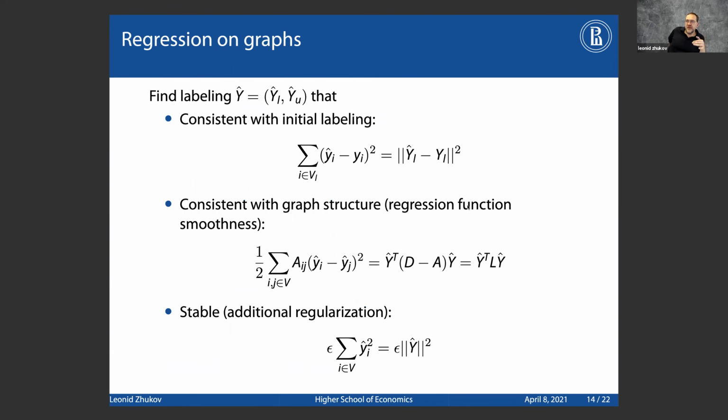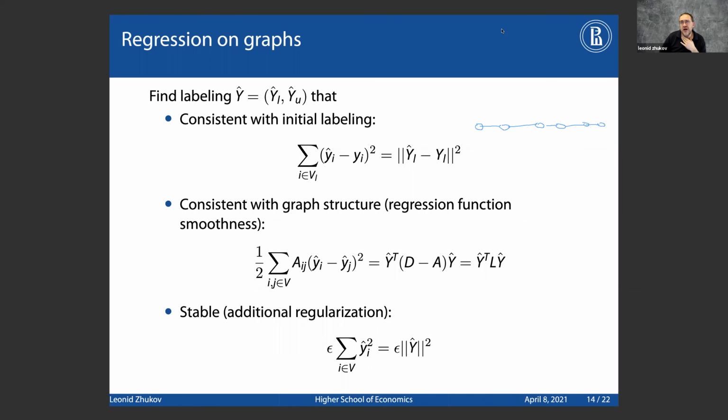Now, there is a slightly different angle to all this, and it's easier to understand if we consider a regression type of problem on a graph. Think about it this way. For me, this cartoon is always helpful. Think about, say, a chain, right?